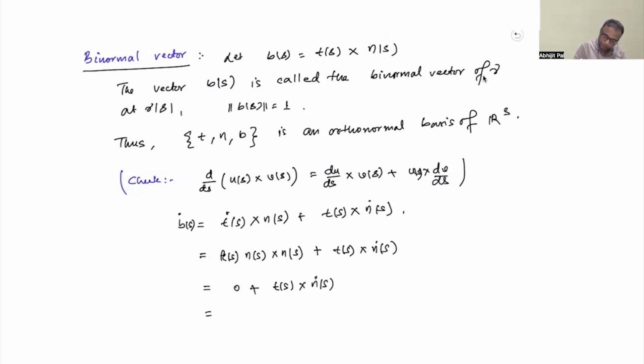So now this B dot is orthogonal to this tangent vector, and because B is a unit vector, B dot will again be orthogonal to B. So from that you can show that this B dot is orthogonal to this B.